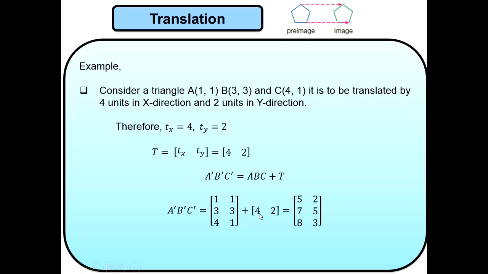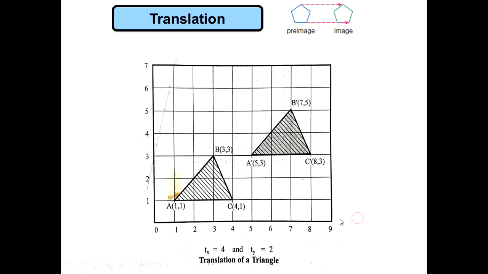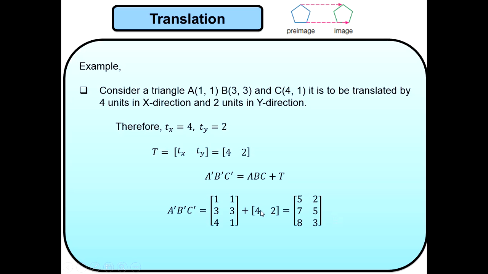So you can see now x translation will be added to the x coordinate, and y translation will be added to the y coordinate. Okay, so this 4 is the Tx and 2 is the Ty. Add this 4 to the x coordinate and this 2 to the y coordinate. So you will get the new position of the triangle ABC, that is nothing but A dash, B dash and C dash.